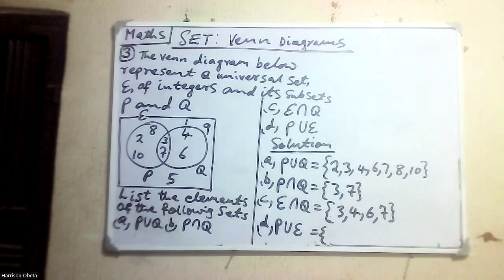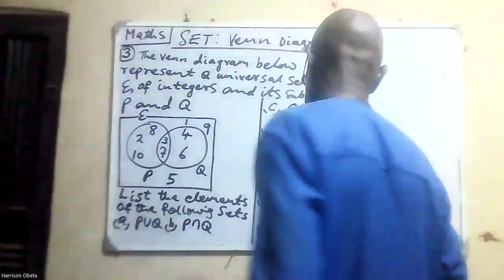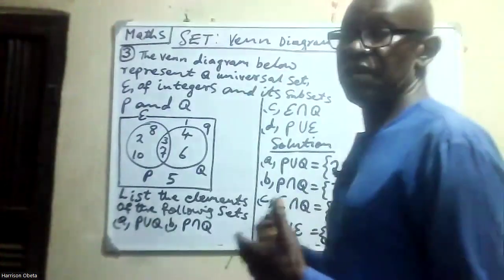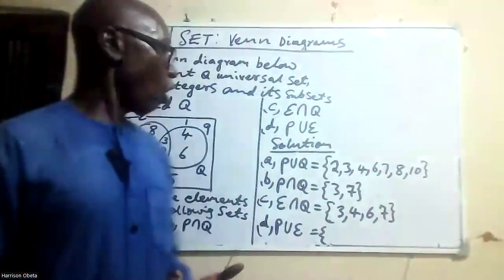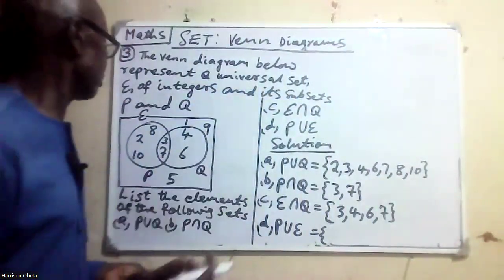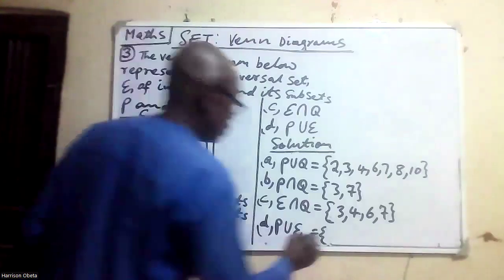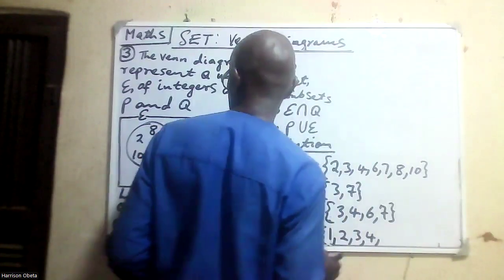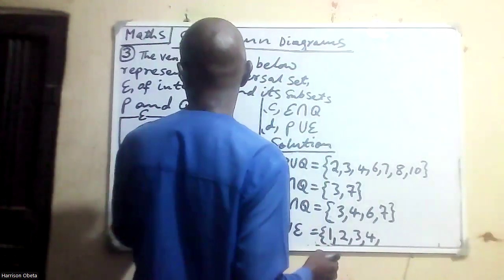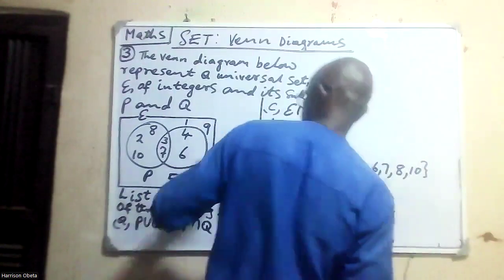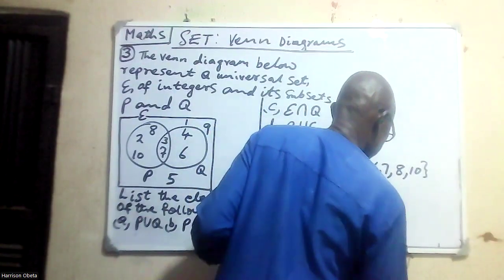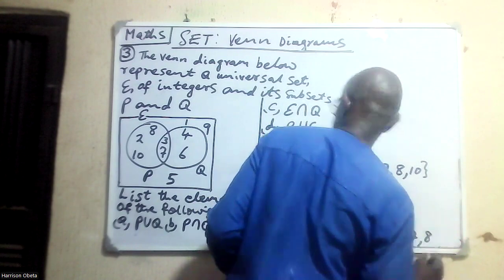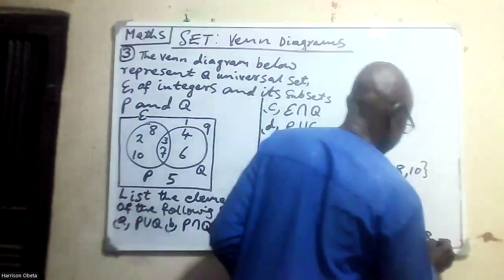In this case, our P union universal set should be all the elements in the universal set, because the elements will be found in either the universal set or P. So we just leave the values, and that will be our answer: 1, 2, 3, 4, 5, 6, 7, 8, 9, 10.